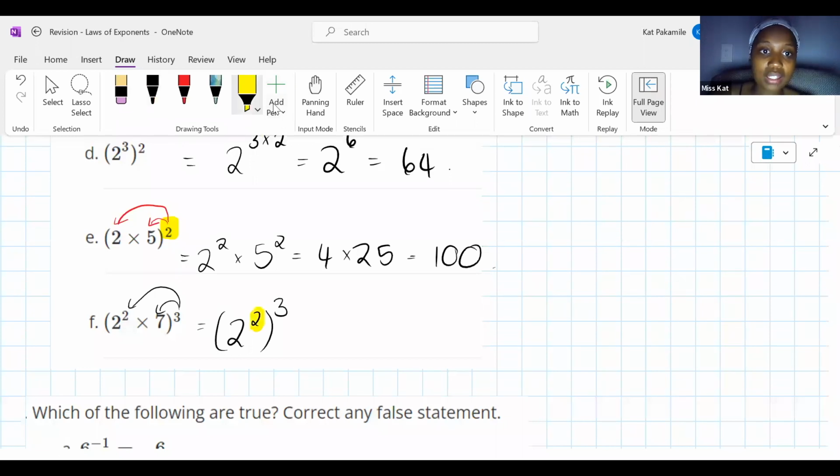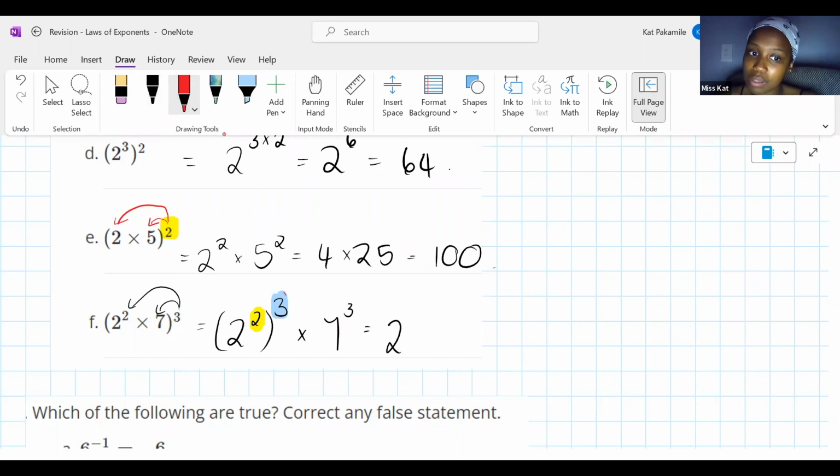This is power to a power. You see that? Okay, ma'am. We're not going to add. What are we going to do? We're going to multiply. Beautiful. So then it's going to be 2 to the power of what? So 2 to the power 2 is equal to 4. 4 to the power 3 times 7 to the power 3.